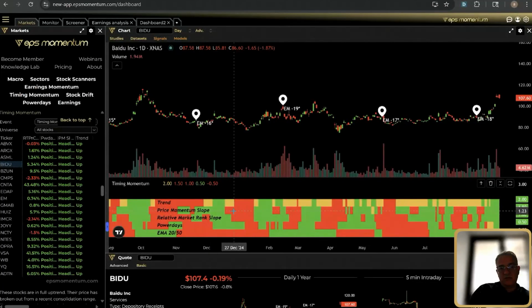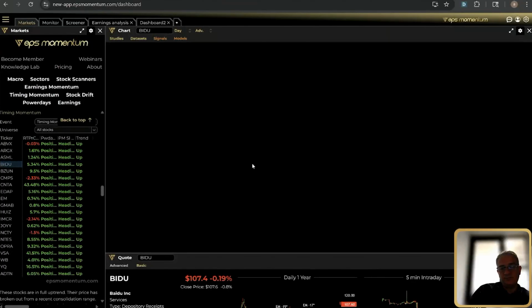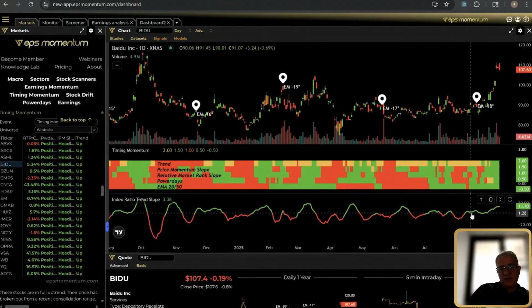So what we had in the previous iteration of the app was two things. First, it was the difference between the stock and the overall market. Call it the RMR here. It was not exactly the RMR; it was the ratio of the sector to the index. So this is telling you if it's outperforming or underperforming the index: red underperforming, green outperforming.